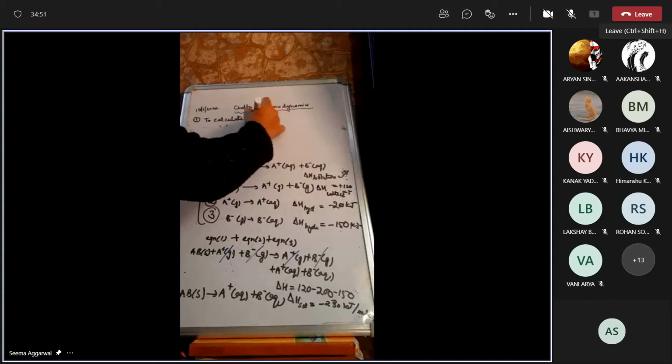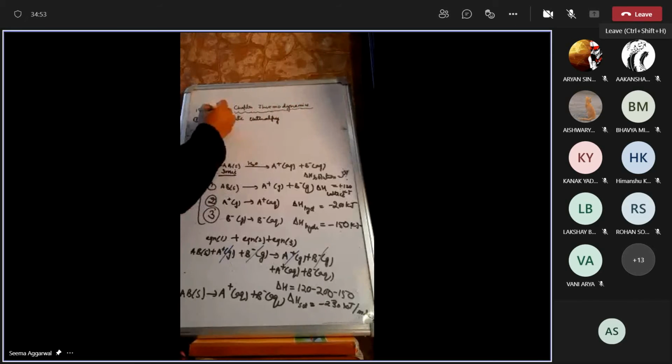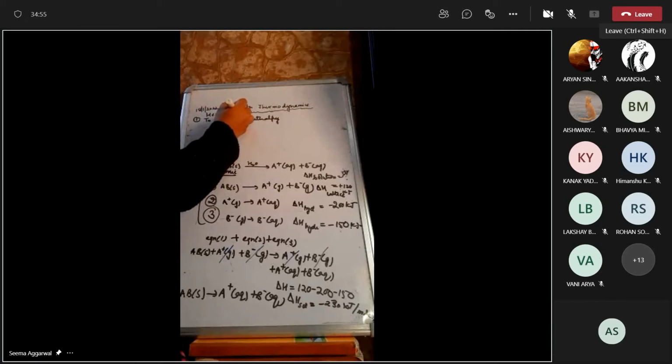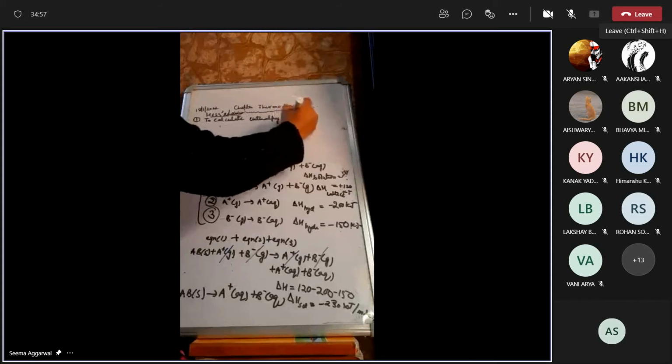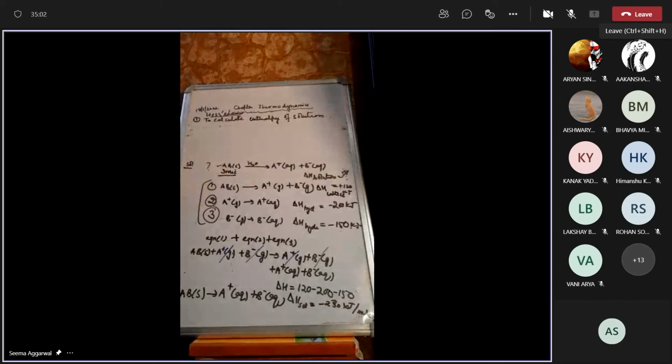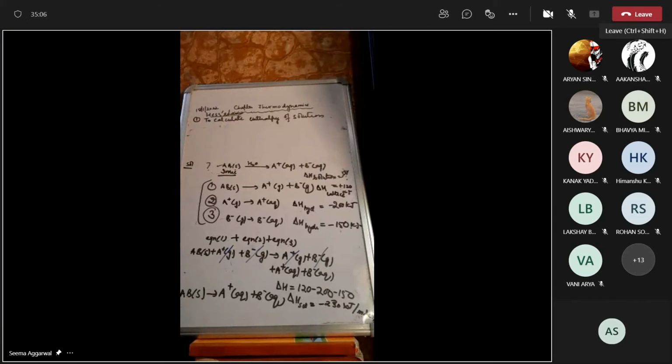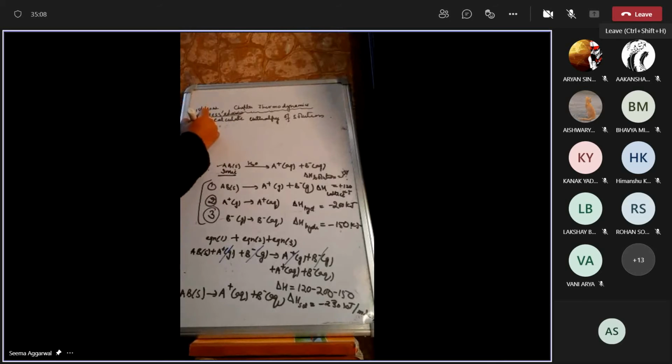A question can come: what are the applications of Hess's law? To calculate enthalpy of solution. Now my another question is, the second application is to calculate.